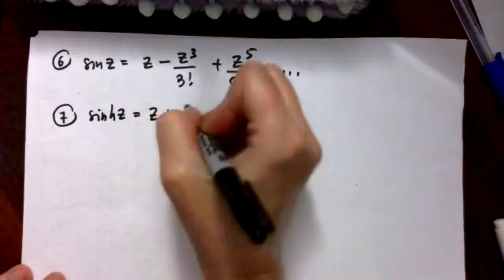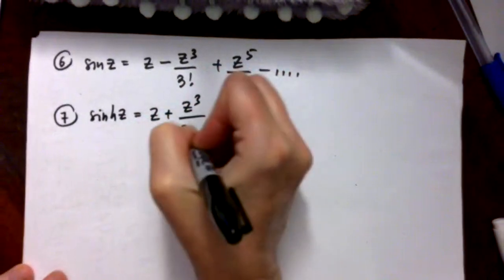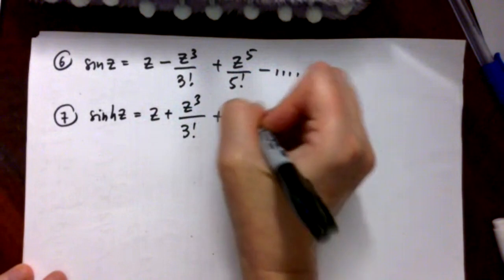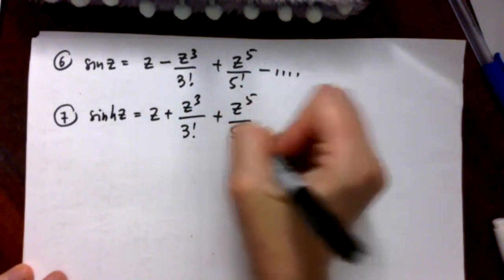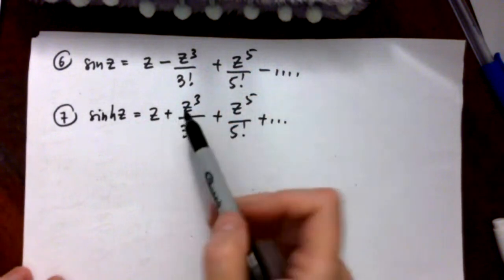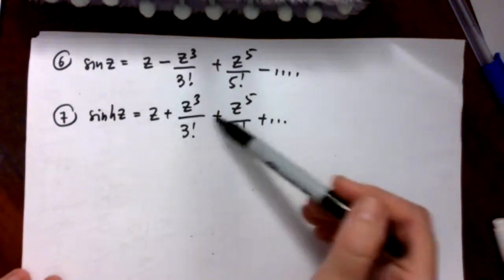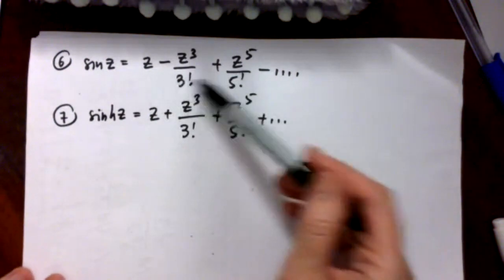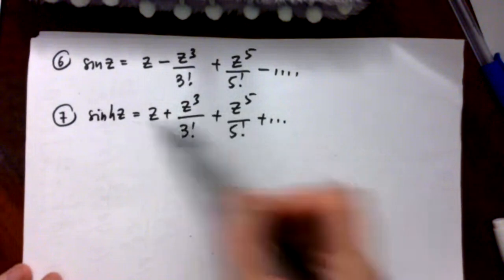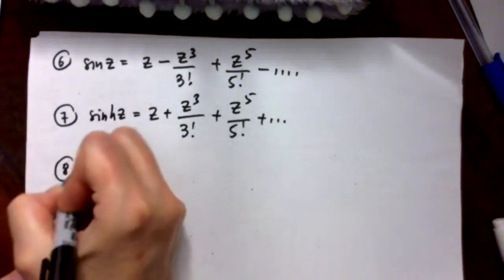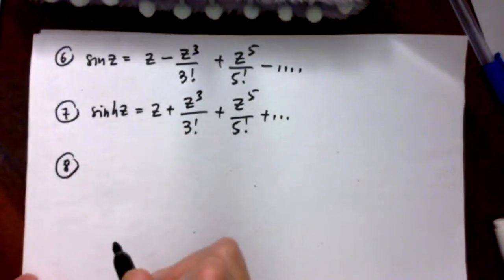So look at this expansion. Indeed, it looks pretty similar. There are some differences, of course, but as you can see, the only difference is that all the terms are positive, unlike here where the signs are alternating. This is a striking, amazing similarity between these functions.